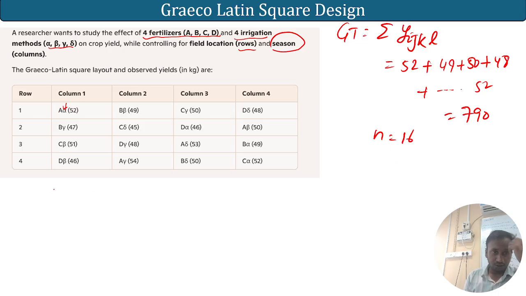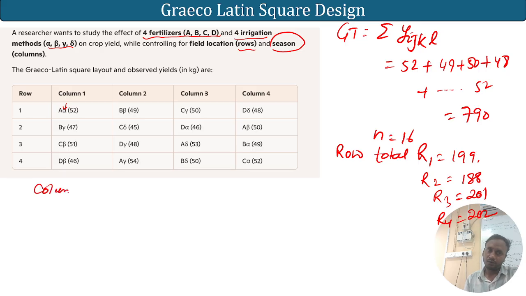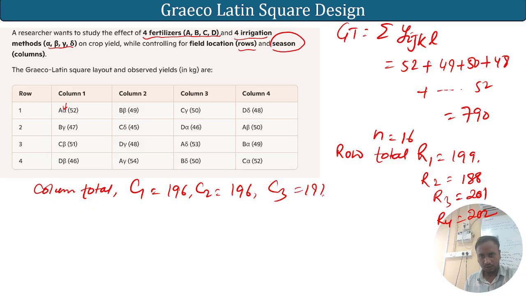So we'll go with the row totals. R1 is 199, R2 is 188, R3 is 201, R4 is 202. Column totals: C1 196, C2 196, C3 199, C4 199.